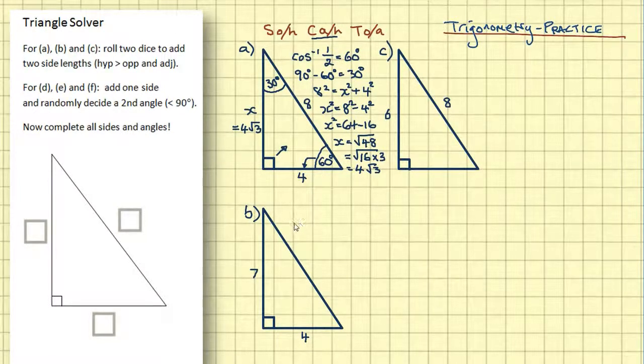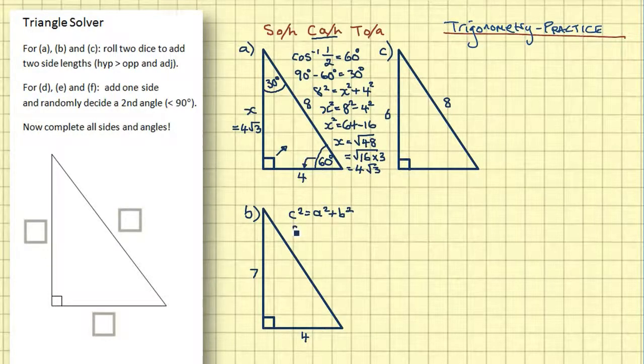Okay, now for part B. So I've already randomized my side, so I've got a 7 and a 4. So all we've got to do is use Pythagoras to complete the missing side. So let's just write it as c squared equals a squared plus b squared.